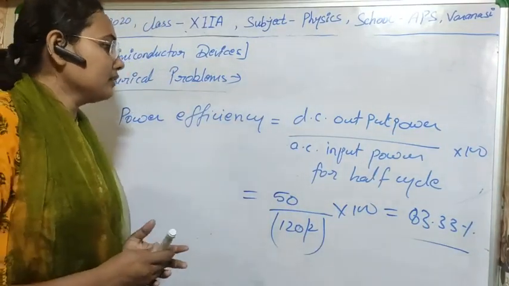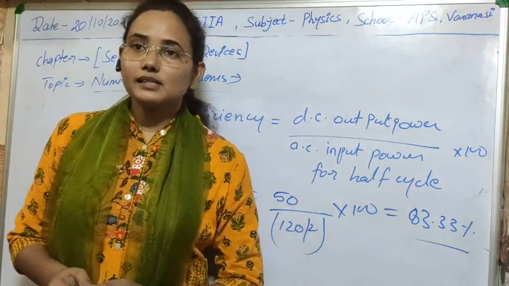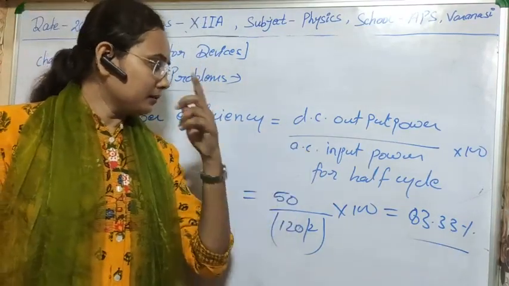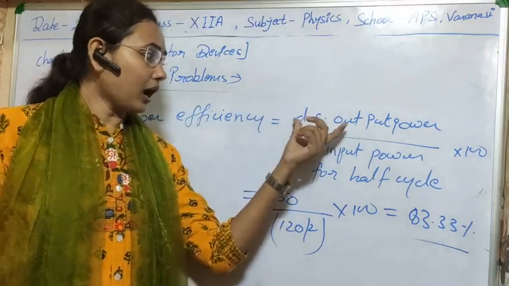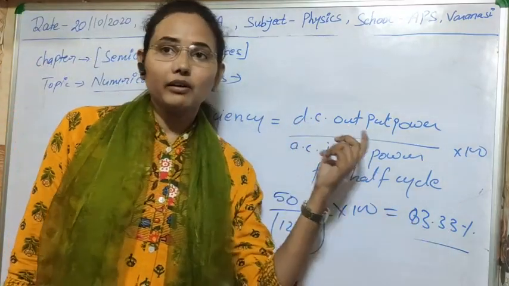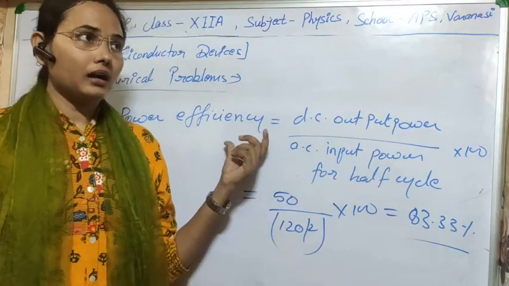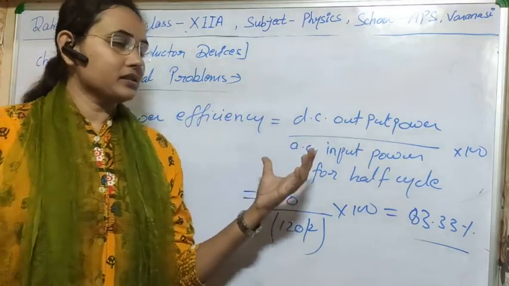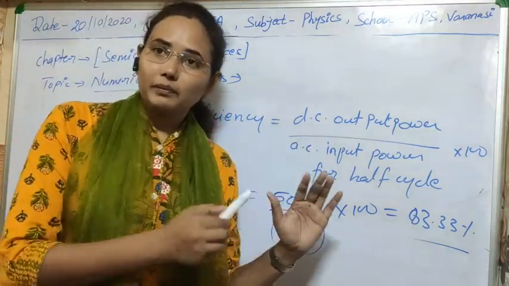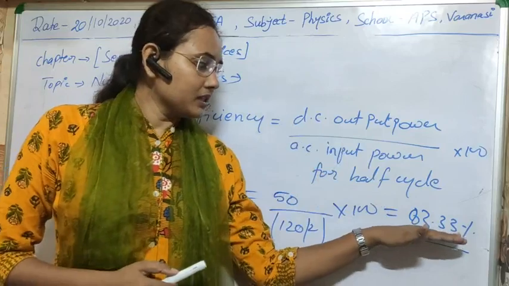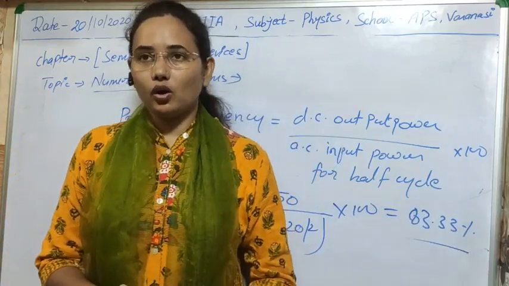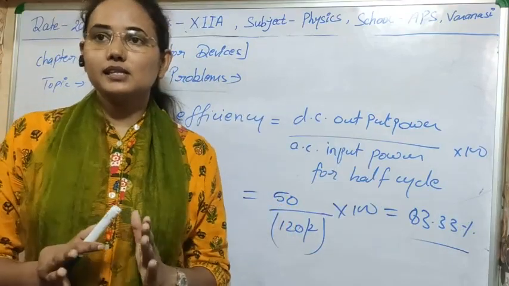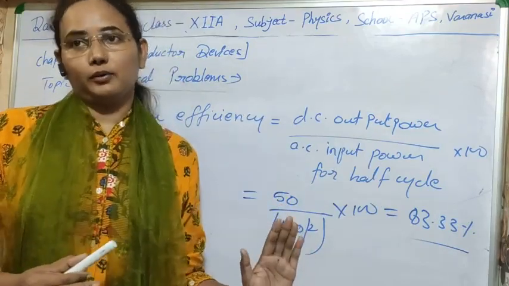So it means that the power efficiency in the half wave rectifier is higher, means we get more output power, 83% power in the output for the half cycle of the wave, but nearly 17% power is lost in that circuit. So I think the power efficiency and rectification efficiency are clear to you by this numerical problem.